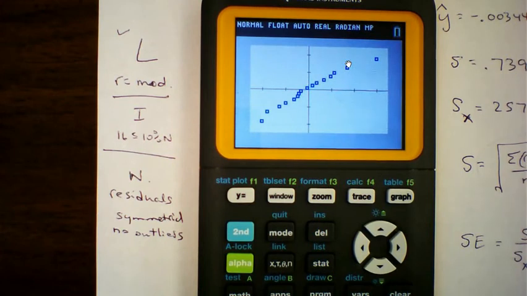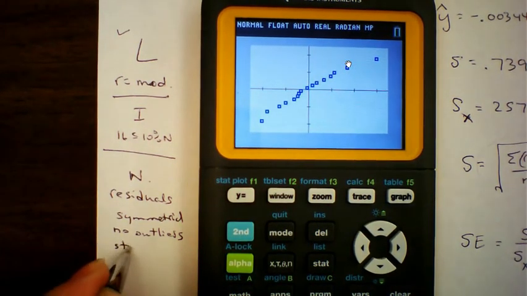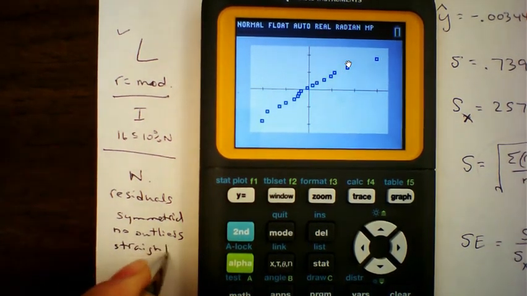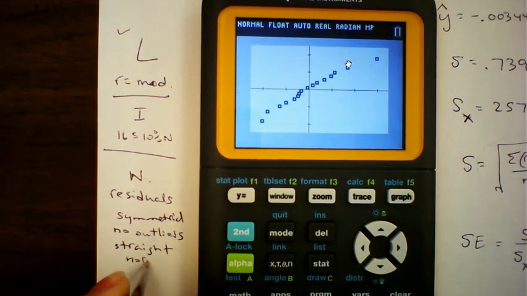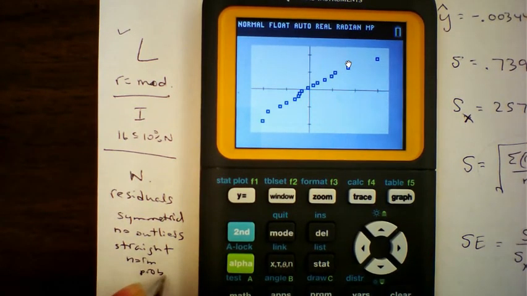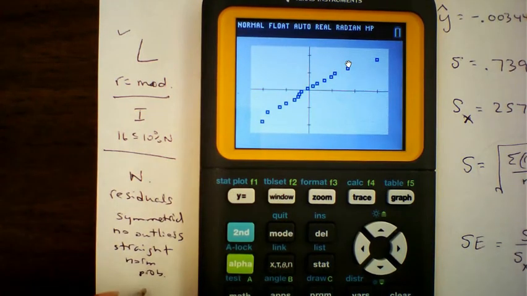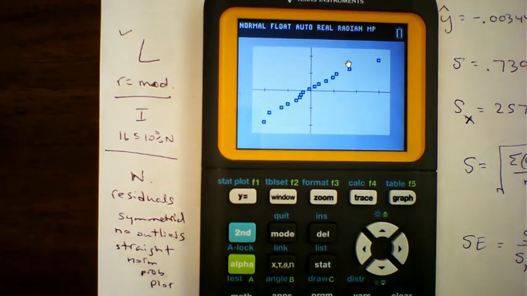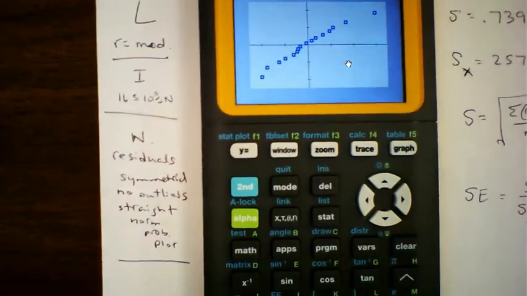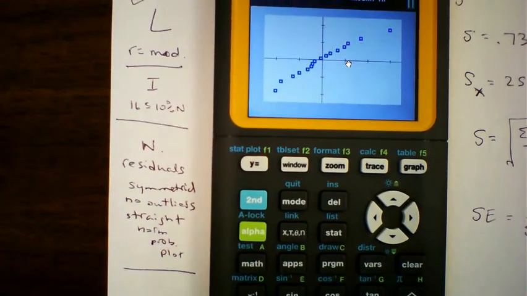So that is good for our normal probability. And that's, of course, the most important of our checks anyway. So we have established the LIN. Okay, now we need to check the equivariant scatter.